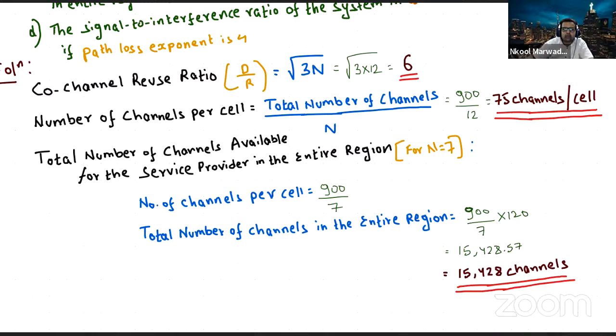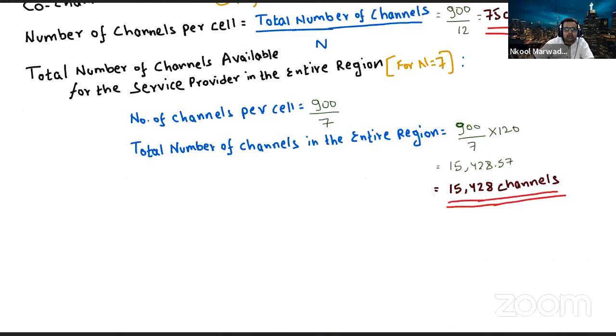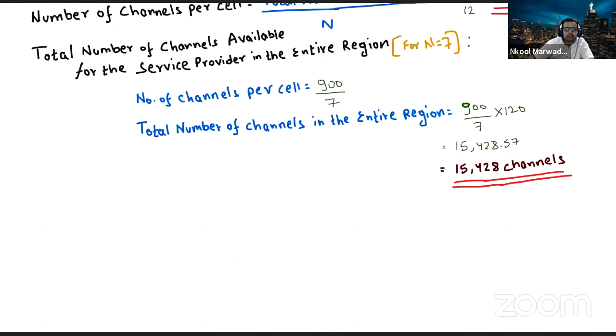Now what do we have to do next? The signal to interference ratio of the system in dB if path loss exponent is 4. Let us do this. So next we have to calculate signal to interference ratio, SIR, in dB.